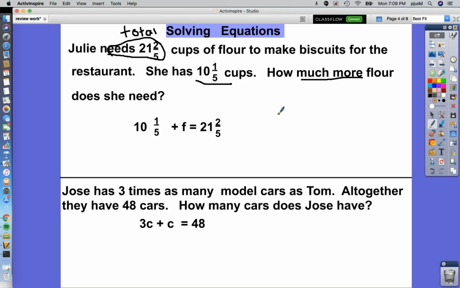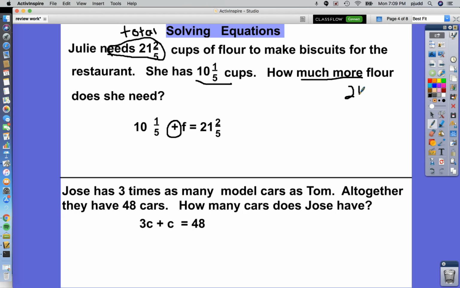Okay, so let's see what you did here. I'm looking at if I have 10 and 1/5 and I have another amount that needs to equal this. Well, this is an addition equation. The opposite of, or the inverse of addition is subtraction.